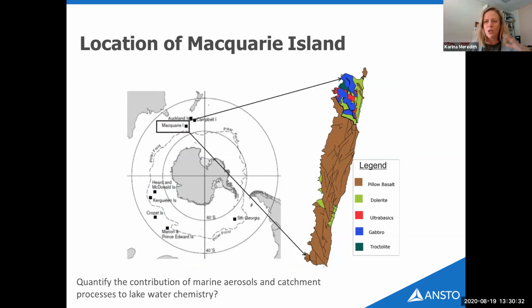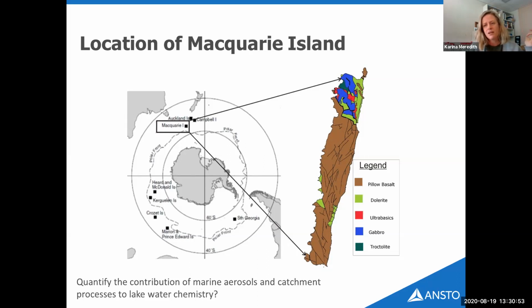That's all quite a large overview of what we do here at ANSTO, but Karina Saunders has been working on Macquarie Island for the past 15 years and has been collecting paleo data from the lake systems that are contained on Macquarie Island. And she's also been doing some lake water sampling as well.